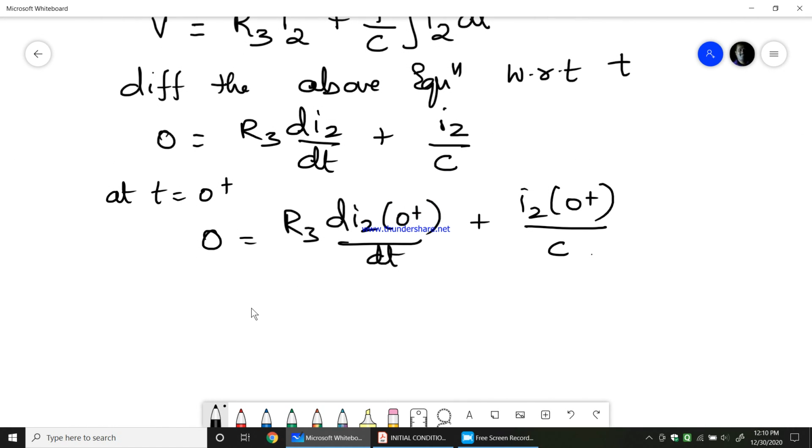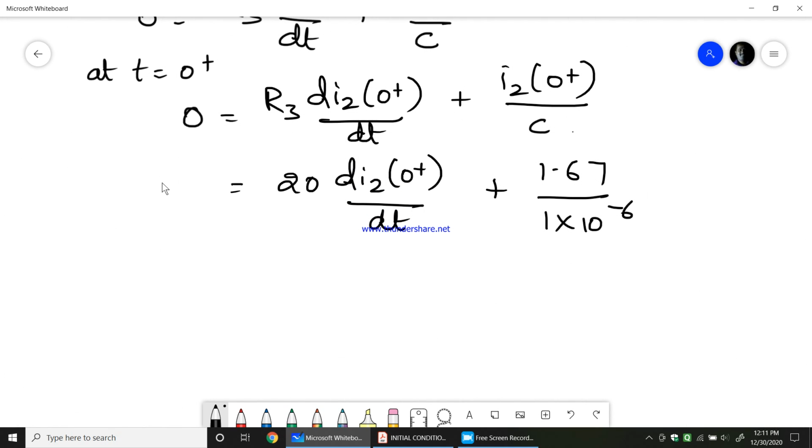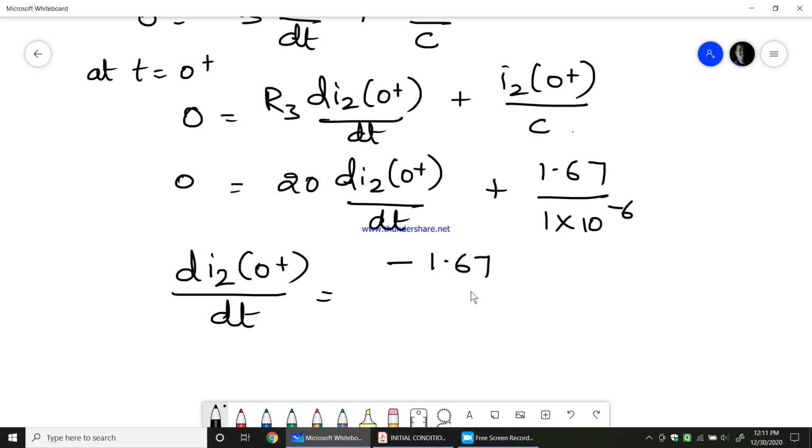So it is 20 into dI2 of 0 plus by dt plus 1.67 divided by 1 into 10 power minus 6, which is equal to 0. Therefore dI2 of 0 plus by dt equals minus 1.67 divided by 20 into 10 power minus 6.